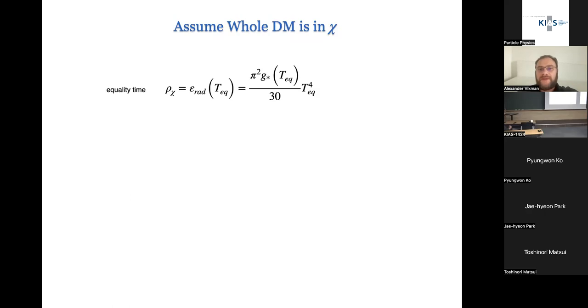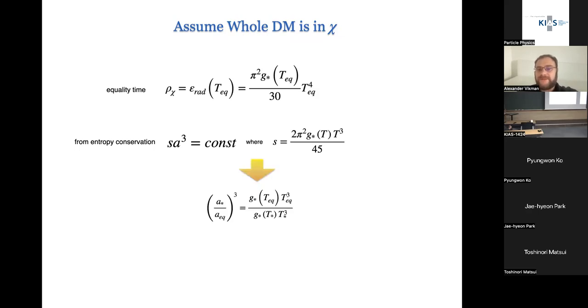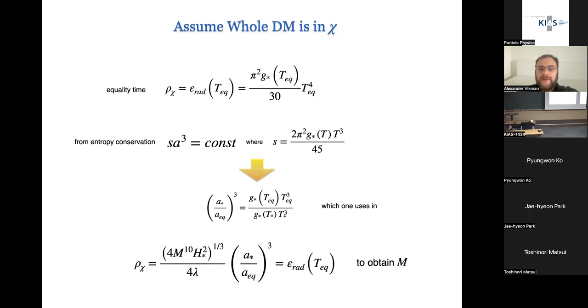Well, we say that at the moment of equality, which we don't want to change, rho chi is equal to the energy density of radiation. Then we just need to calculate properly the redshift using the standard entropy conservation law. That gives us the redshift between the moment of inverse phase transition and T equality. And now we make rho dark matter equal to the energy density of radiation at T equality and obtain the mass.